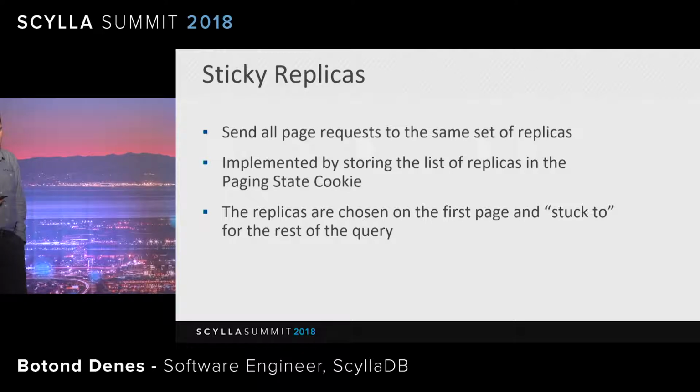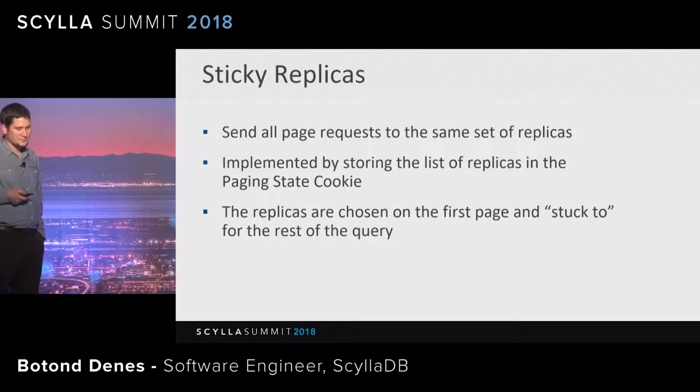This has a side effect. Normally drivers will choose coordinators that are also replicas. This is called token-aware host selection, but drivers also will rotate the coordinators. So on each page, they will choose a different coordinator for load balancing purposes.